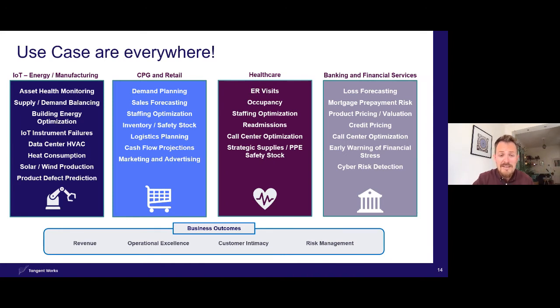In retail, supply chain, CPG, demand planning, staffing optimization, also sales forecasting I've mentioned, but also cash flow planning, promotion planning, marketing analytics. In healthcare, the capacity planning, for example, also supplies in hospitals and the prices of those supplies, and in banking and finance, where there are typical use cases like payment forecasting and exchange rate predictions. So a lot of options there.